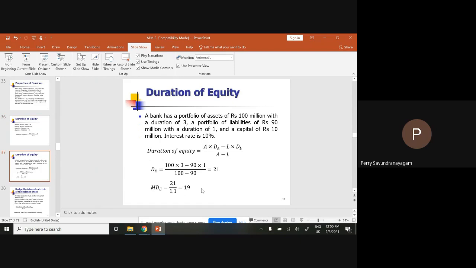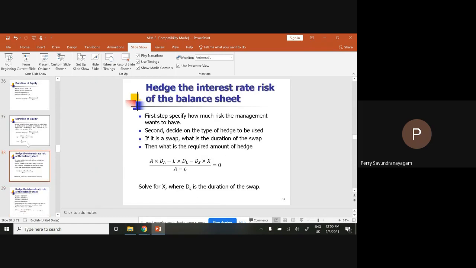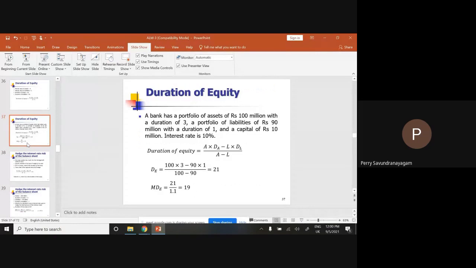You take that and you arrive at a modified duration for the equity portfolio we have, right? Like I said, it's just a calculation. You can assume this will be more volatile, because your equity portfolio changes will be much more rapid than your changes in bond yields and things like that, because interest rates will change much slower than what the bond yields will change by.